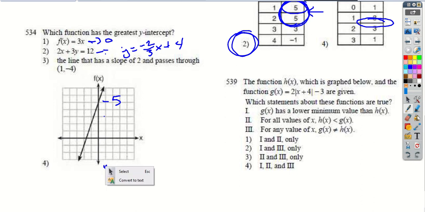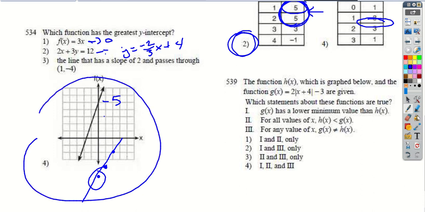It has a slope of 2, so we go up 2, right 1, or down 2, left 1. So our line is going to be hitting somewhere down here. It's going to have a -1. So the greatest y-intercept is going to be the graph, because it's got a y-intercept of +5.